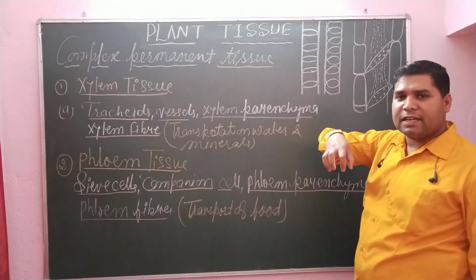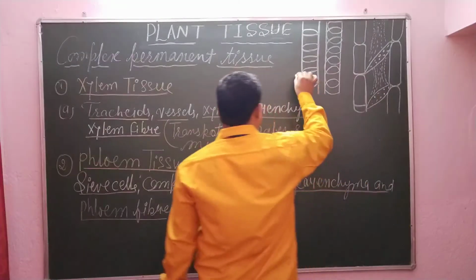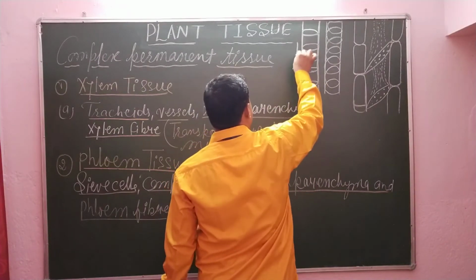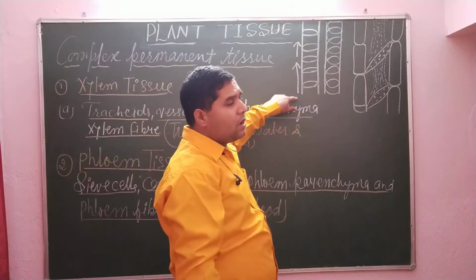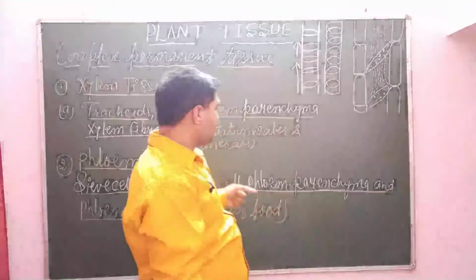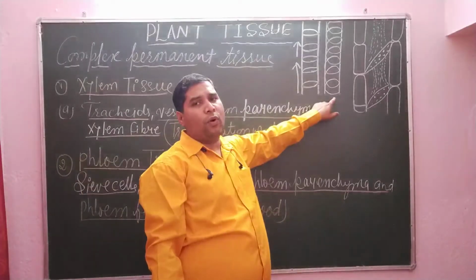Xylem tissue creates pressure, and by this the upward movement of the water takes place, the transportation of the water from down to up. Also, minerals are dissolved in the water.